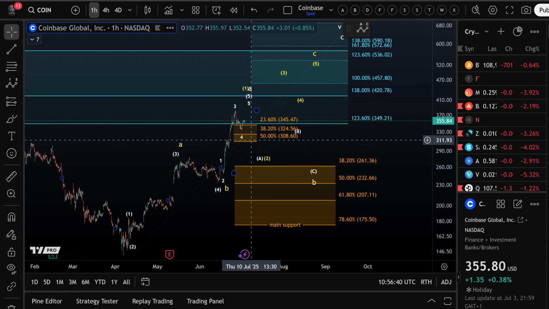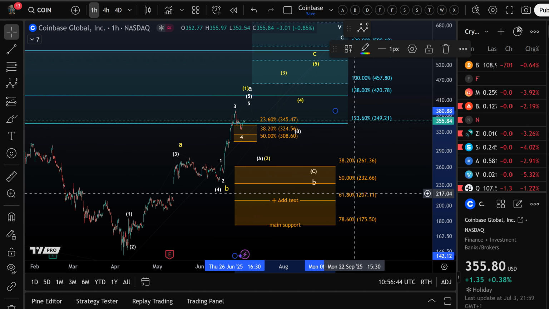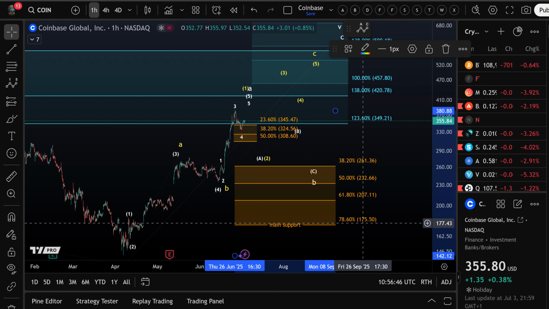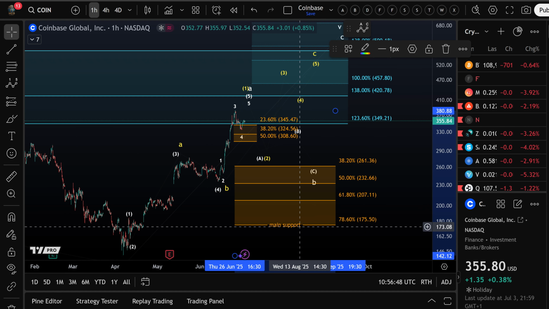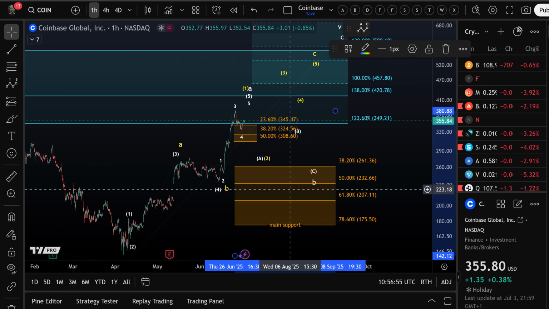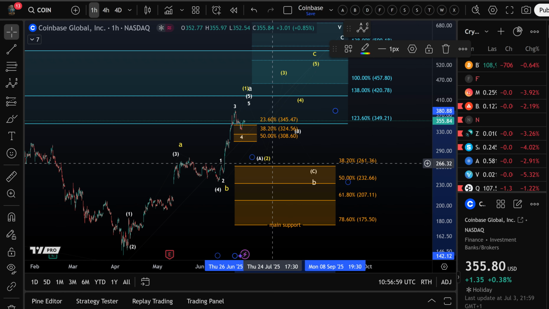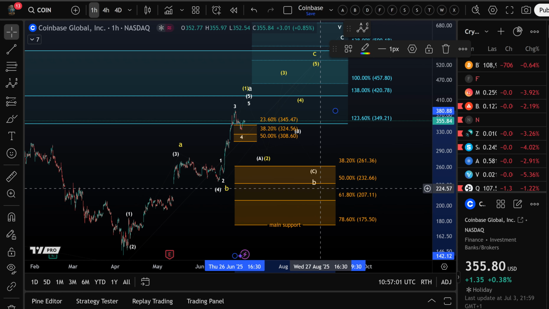If a pullback starts in the white scenario, this support zone comes into focus between $175.50 and $261. For me, I call that main support because it is the zone that keeps the overall uptrend intact, but allows for a deeper pullback.